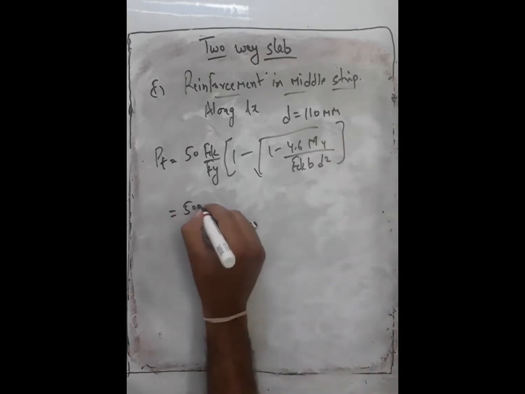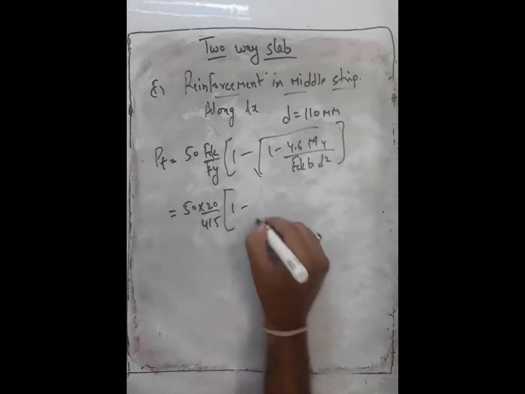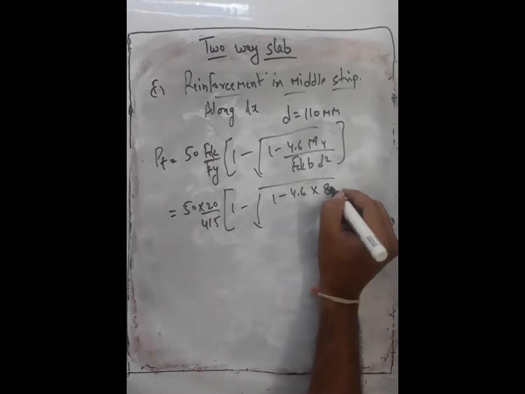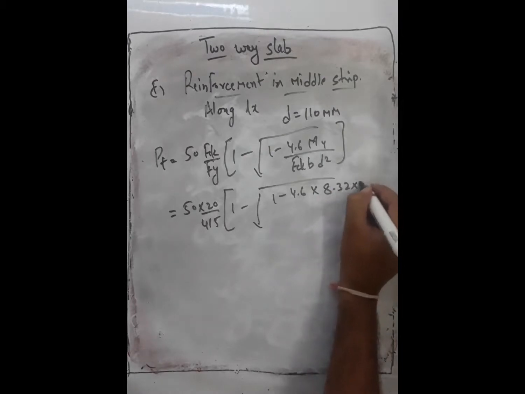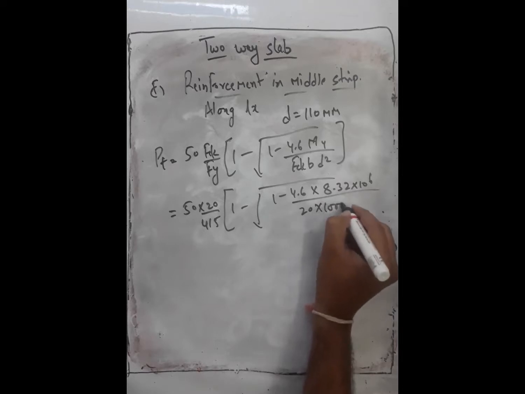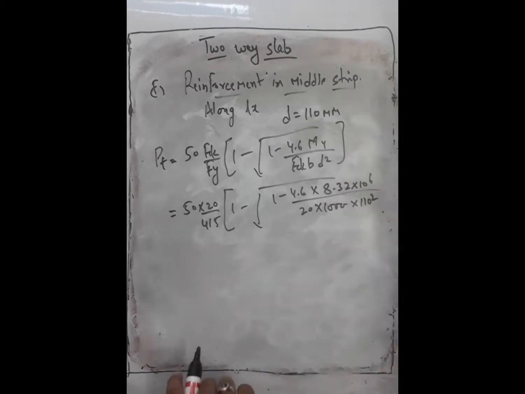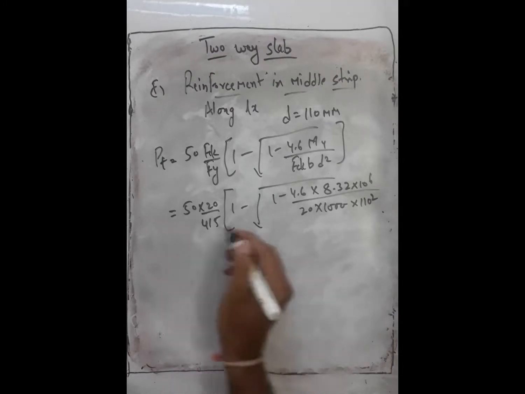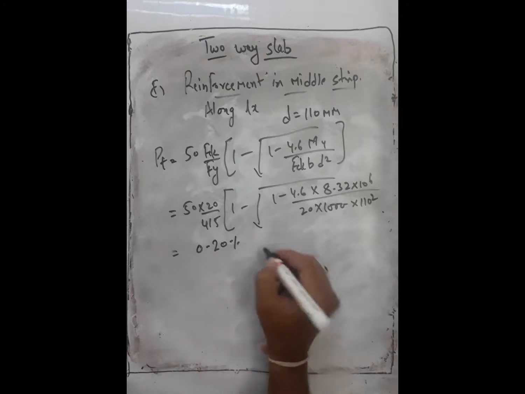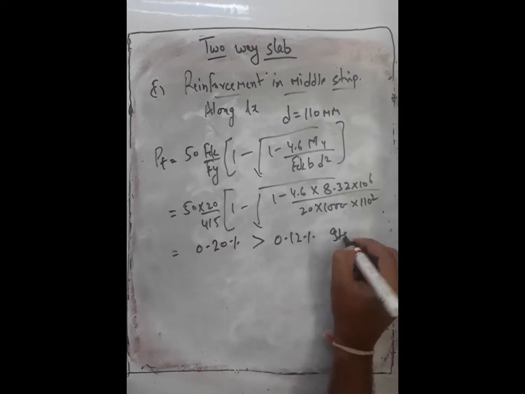So 50 into 20 divided by 415, 1 minus root of 1 minus 4.6 into 8.32 into 10 raised to the power 6 divided by 20 into 1000 into D square, means 110 square. After solving this you get 0.20%, which is greater than 0.12%. It's okay.